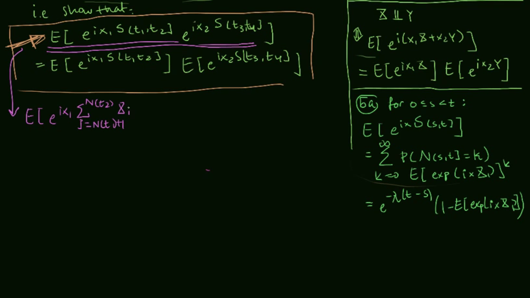I add the claim sizes. And then I multiply by e to the i x2, and then what I have here is the sum of j ranging from N of t3 plus 1 to N of t4 of X_j.